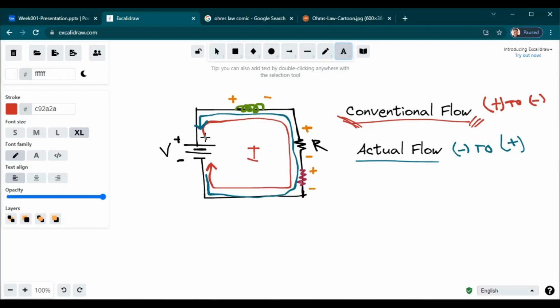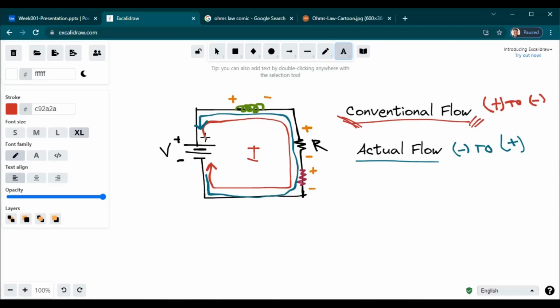If we look at the solution, there is actually no difference when we use actual flow and conventional flow in terms of the numbers. The numbers will be the same, only that the direction of the current will be different. So, since the numbers will be the same, there will actually be no big difference if we use conventional flow and actual flow.